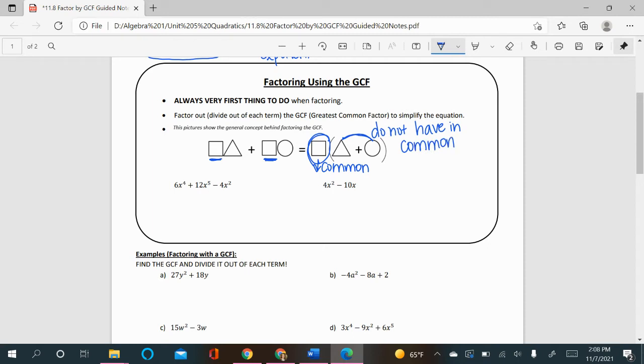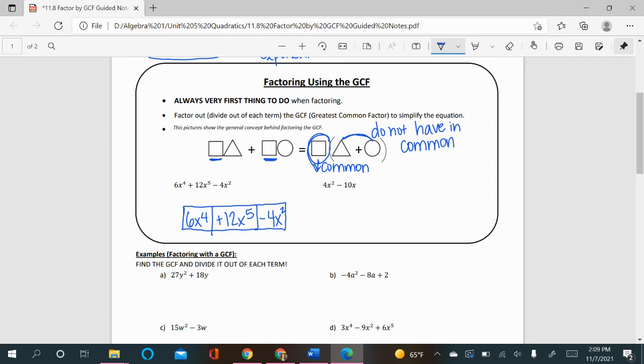All right. Now, we're going to treat this like a box, like we did when we were multiplying. So we're going to treat this essentially as this is my answer. Okay? So inside a box that has 3 spaces, 6x to the 4th plus 12x to the 5th minus 4x squared will be written into my box.